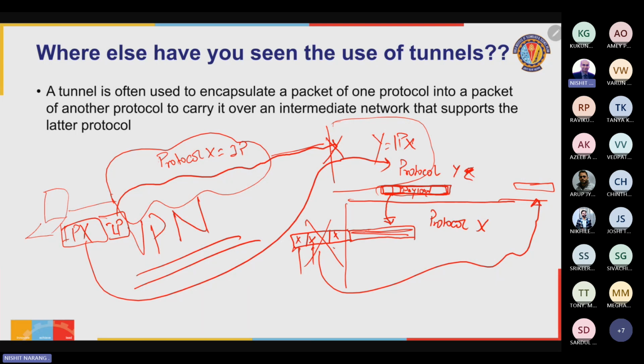So it's like carrying an IPX packet over an IP network by creating a tunnel. And that's what VPNs are. They're tunnels created. Of course, VPNs go beyond. They also implement security. So the inner packet is not just getting encapsulated, it's also getting encrypted.